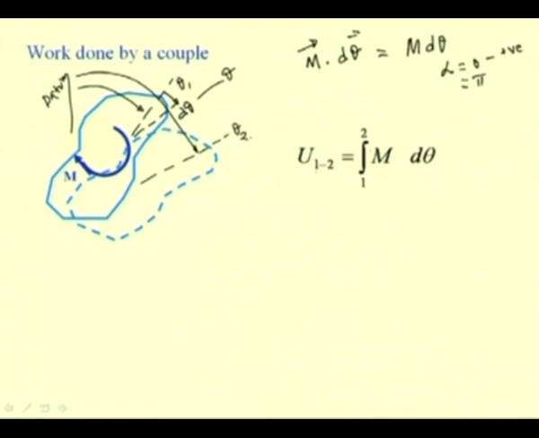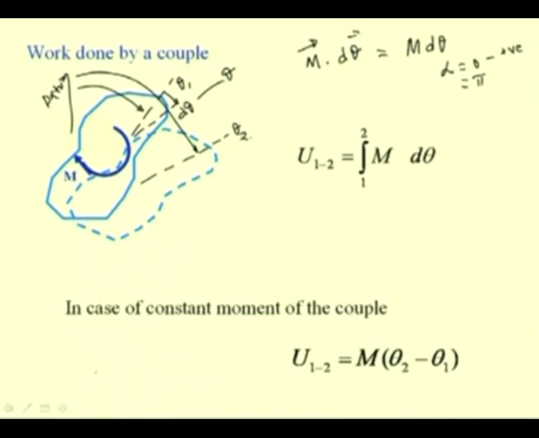Now if we integrate this between position 1 and 2, we have the work done as the integral of m d theta between these two positions. In case this moment is constant, like a constant couple is applied, then this integration becomes m times (theta 2 minus theta 1), where theta 2 is the final position and theta 1 is the initial position.